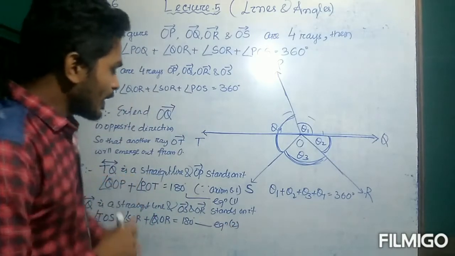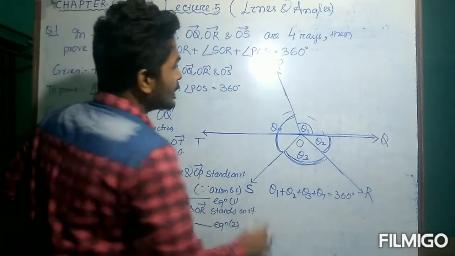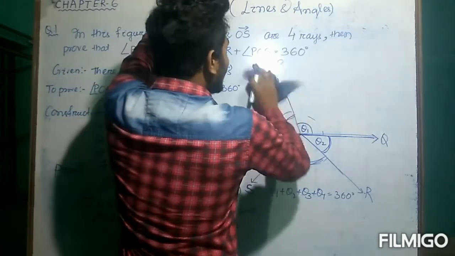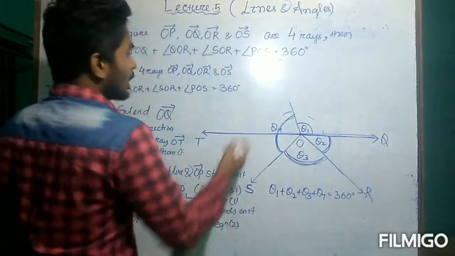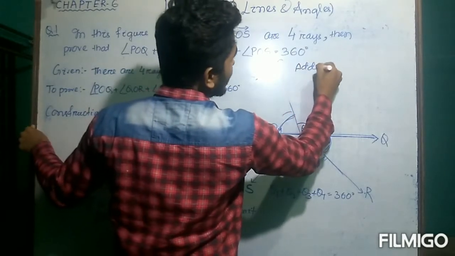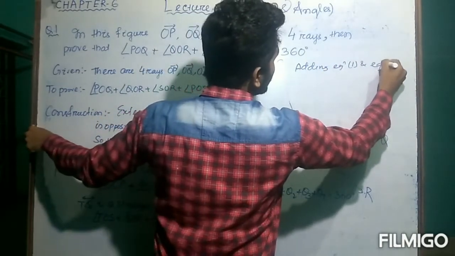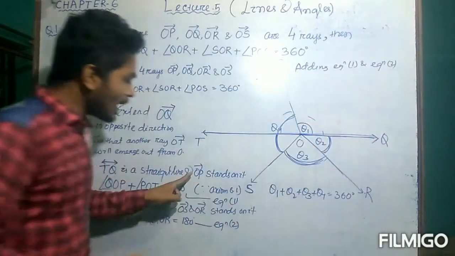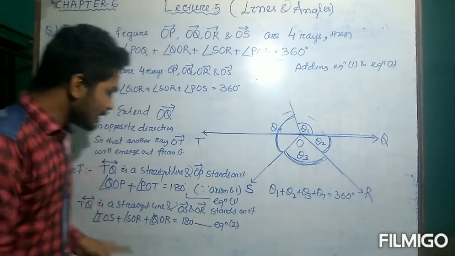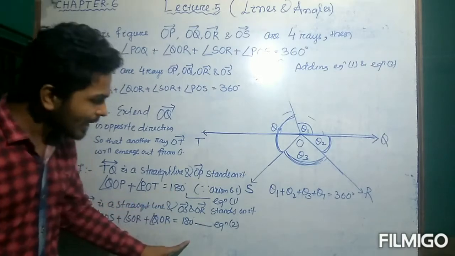Now what we will do? Now we have to add these two equations. Okay? So right here, adding equation 1 and equation 2. Whenever equation 1 and equation 2 are being added, the left hand side should be added with the left hand side and the right hand side with the right hand side.